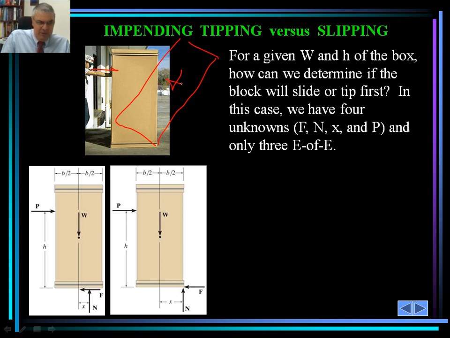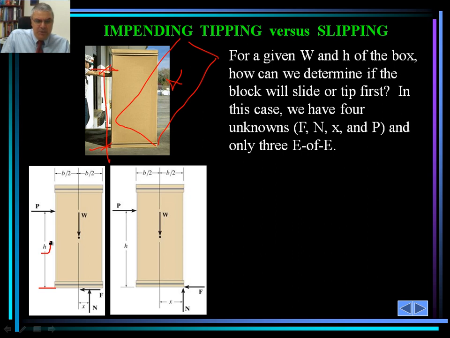So for a given W and H of the box, H is from the surface of friction to the point at which force P is applied.